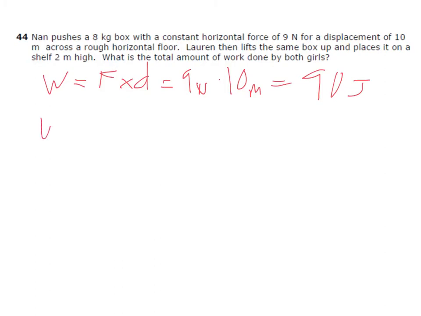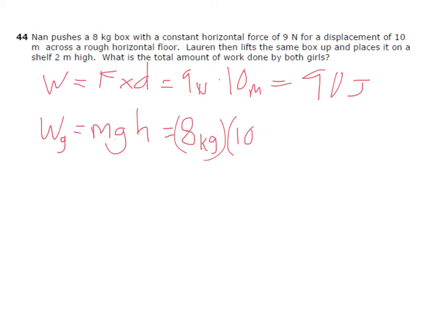Next, we're doing some work against gravity. So that work is also a force times a distance. The force is the force of weight, mg, and the distance is height. So the work done against gravity is equal to mgh. We know that m is 8 kilograms. g we'll just use 10 meters per second squared.